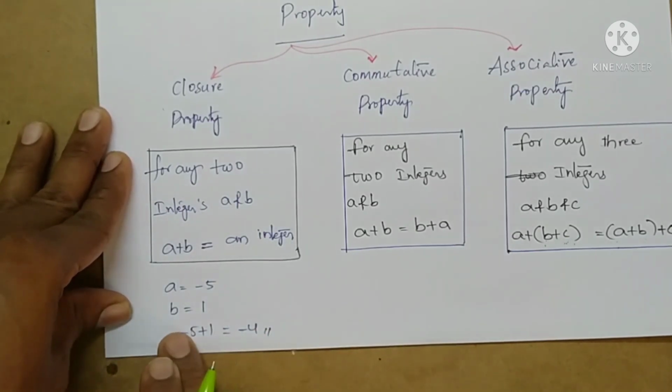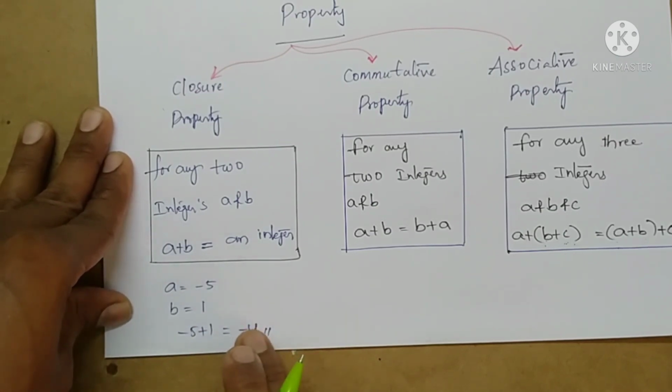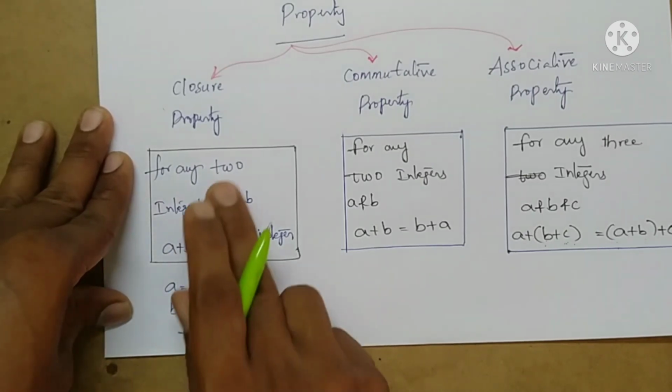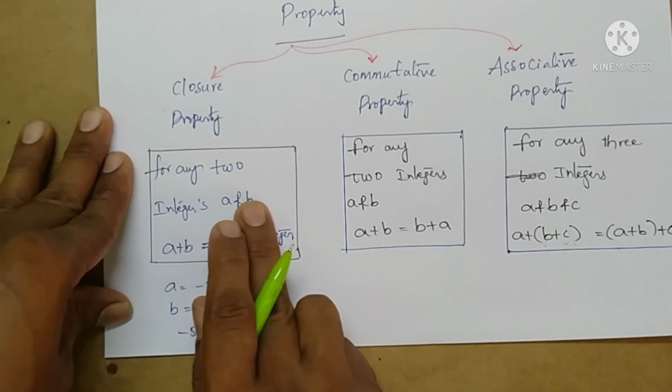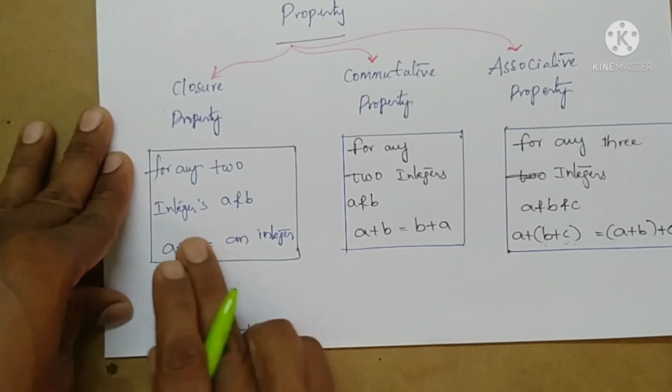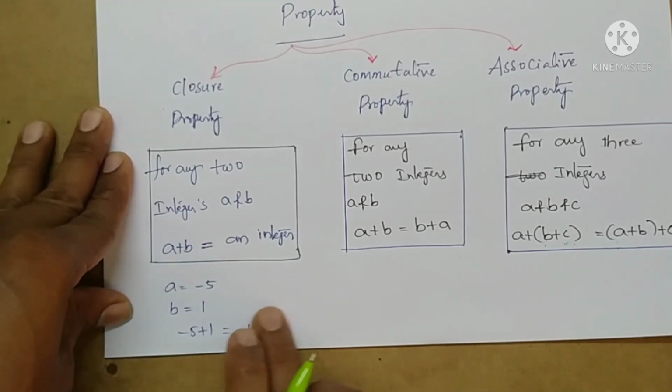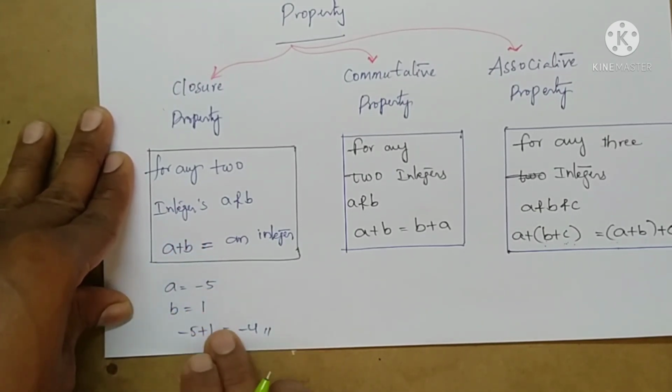One is negative, one is positive, so what do we do? Subtraction, and the result takes the sign of the larger one, that is minus 4. So this is an integer. For any two integers a and b, here minus 5 and 1, a plus b is also an integer. This is the first property, closure.